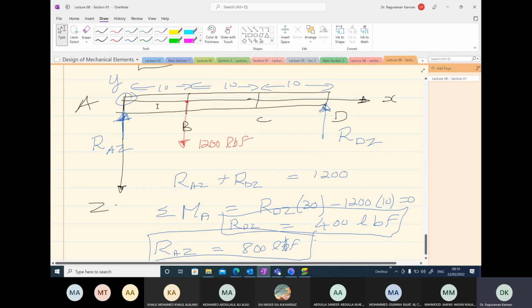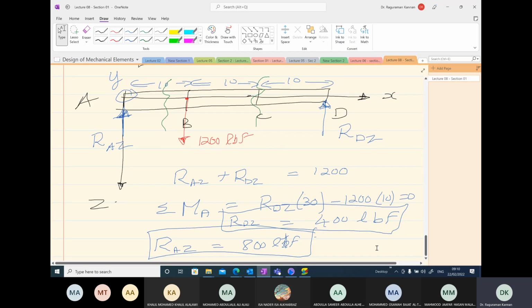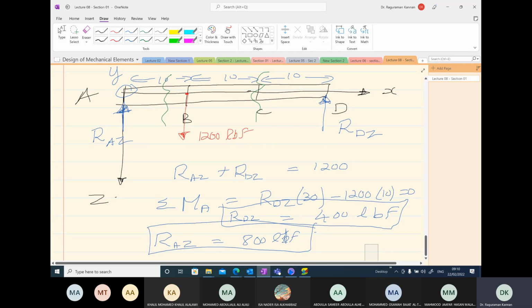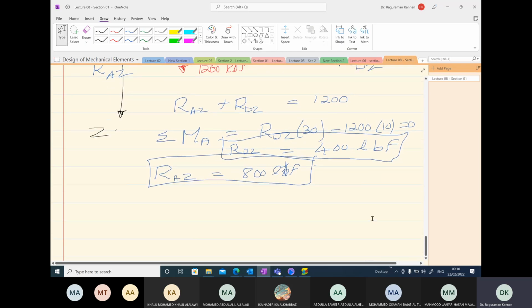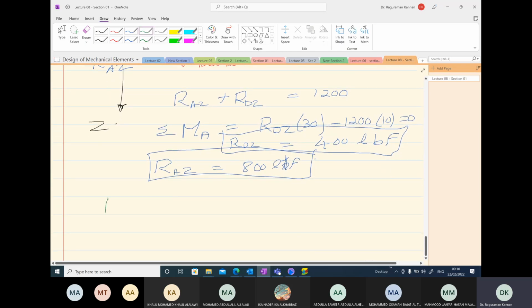To draw the shear force and bending moment diagram, we can take cuts at two sections, anywhere in between. So the sections we should consider are AB and BD. Let me draw the section.